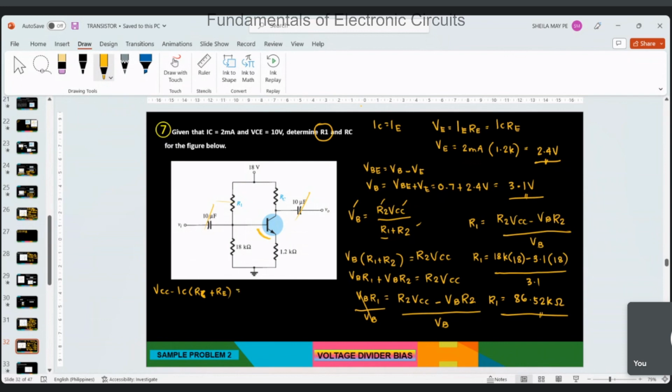If I can find the right RE RC. VCC is 18 minus IC at 2 milli. RC missing plus RE at 1.2. Sorry guys, I'm talking to myself.